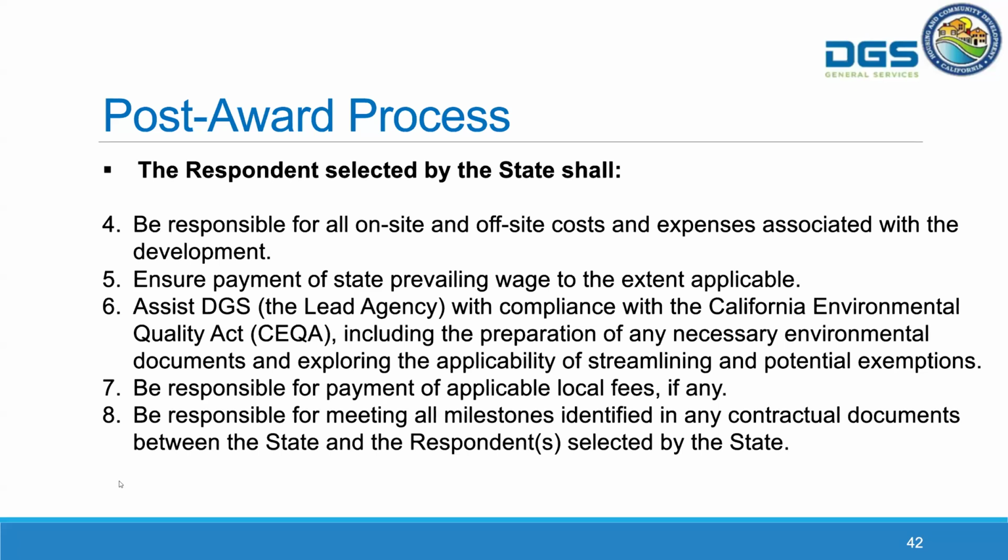So said a different way, the template that we have on the website is exactly what we're planning to sign, and the only negotiations we're expecting to enter into during that 60-day period where we tell you you're the highest scoring applicant is to populate the exhibits with timelines based on your proposal and negotiate in any other site-specific situations.